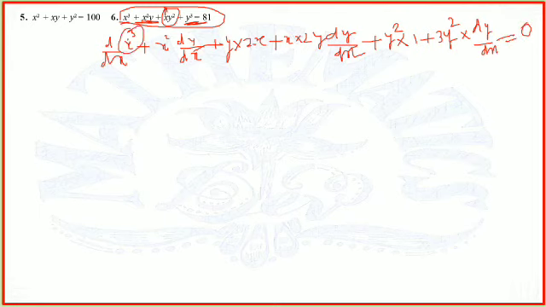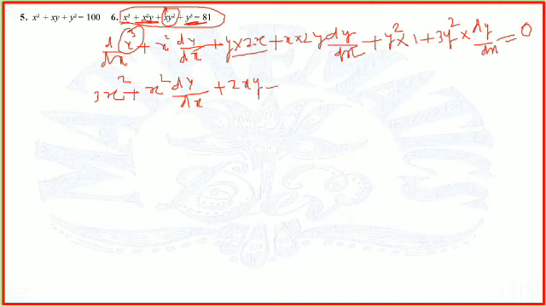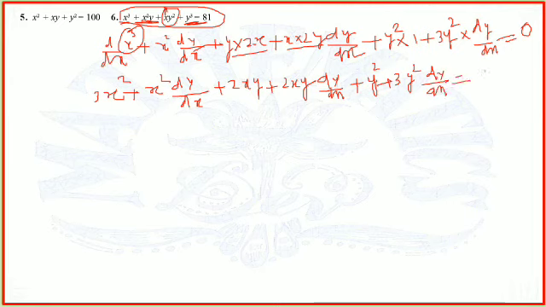So the differentiation of x cube is 3x square, plus x square dy upon dx, plus 2xy, plus 2xy into dy upon dx, plus y square, plus 3y square dy upon dx is equal to 0.